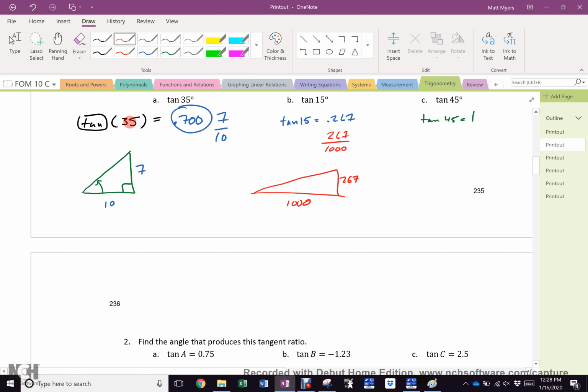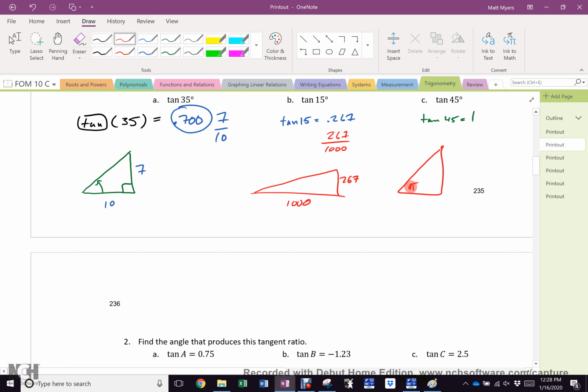Why? This is 7, and the angle we were working with was 7.5. So the angle we were working with must be close to 35. Everybody cool? All right. Now, this one's a wee bit tricky.